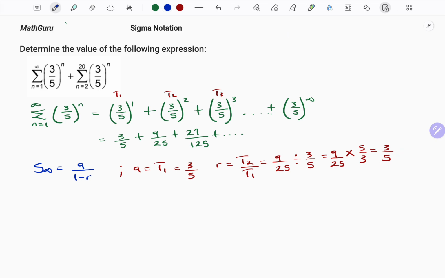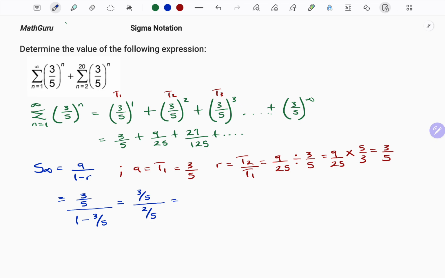So back to the sum to infinity, I start with my first term, 3 over 5, divided by 1 minus my ratio, which is also 3 over 5. If I simplify, the numerator is 3 over 5, divided by the denominator, 1 minus 3 over 5, that's 2 over 5.